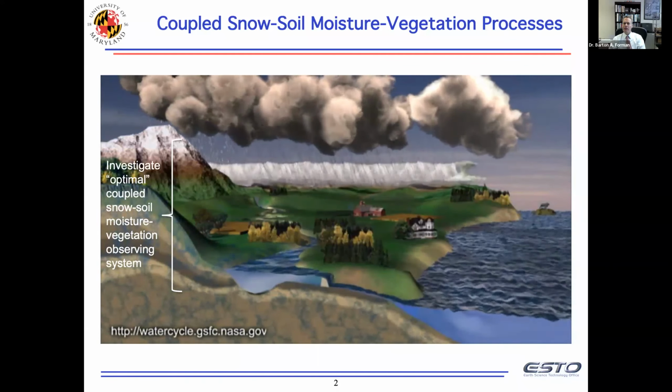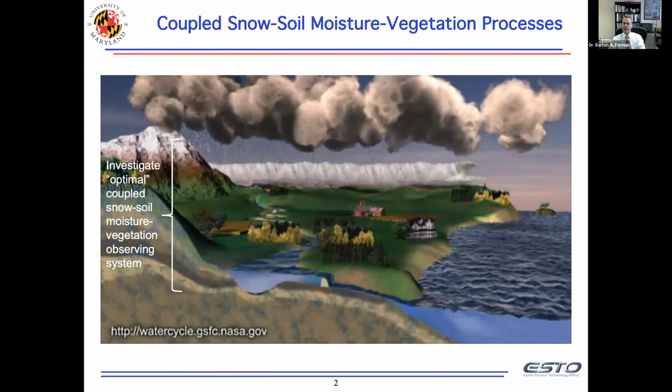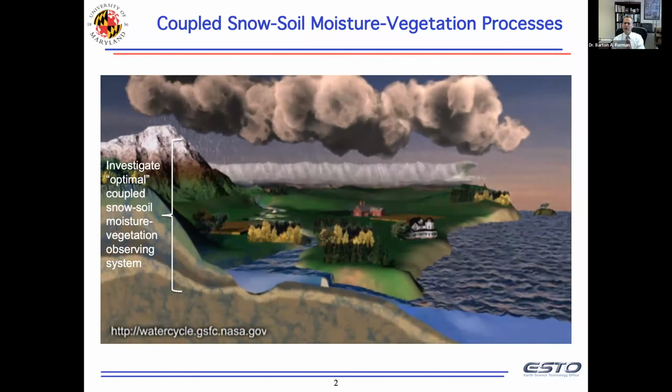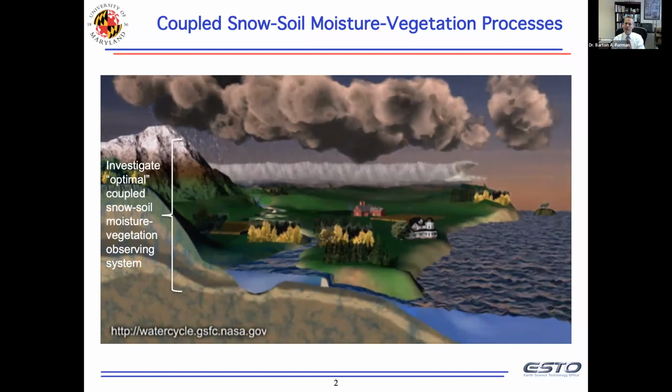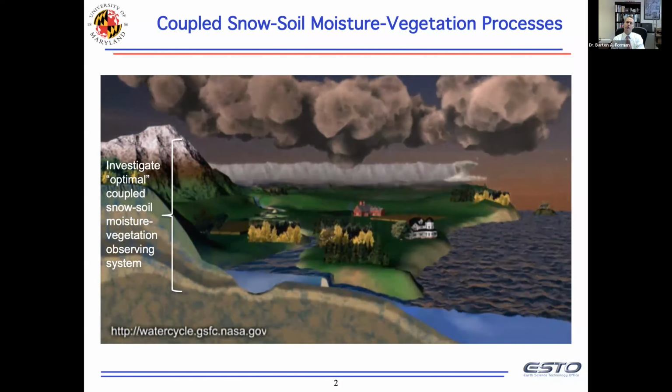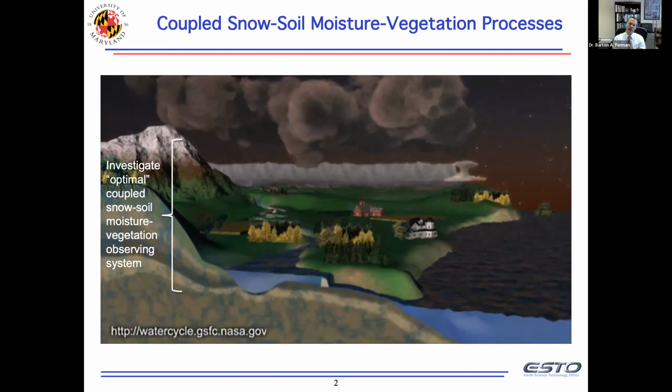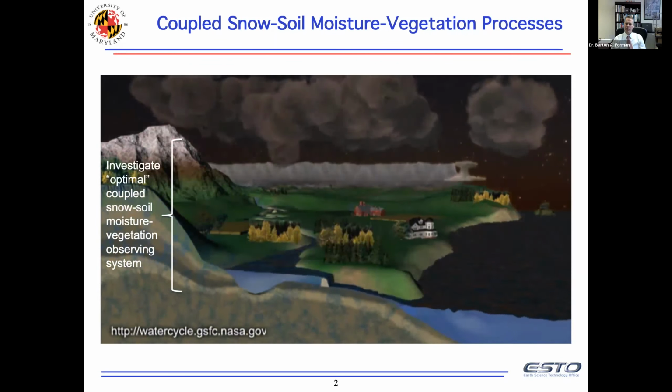Or we need to know something about the snow that is overlying the soil moisture. If the soil is frozen or partially frozen, our sensors in space may not be able to retrieve the soil moisture that we care about. So if we want to study one, we often need a priori knowledge of the two.